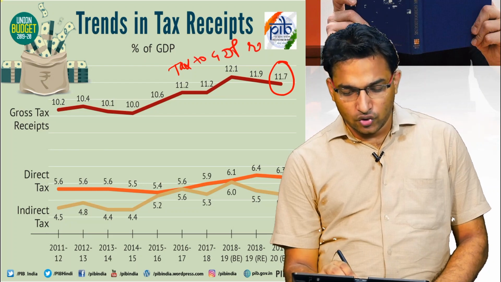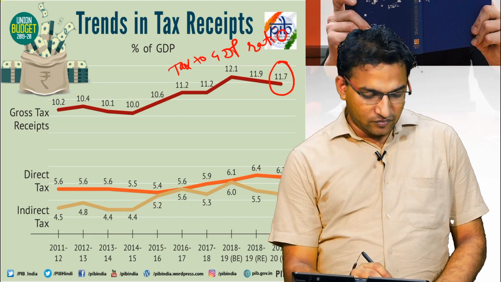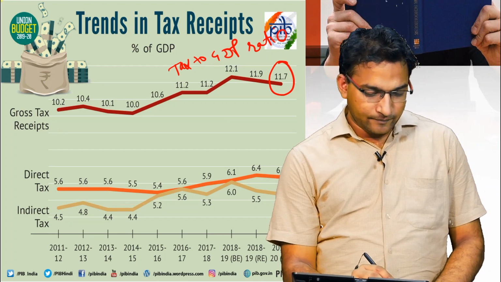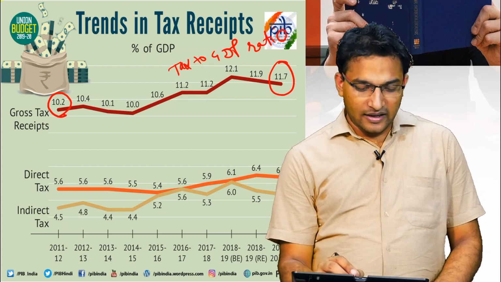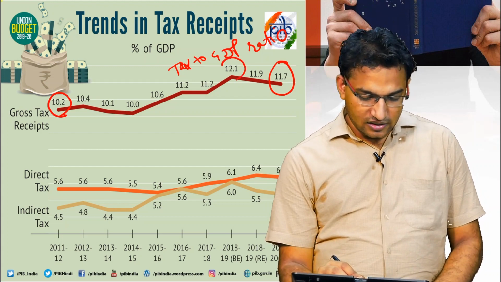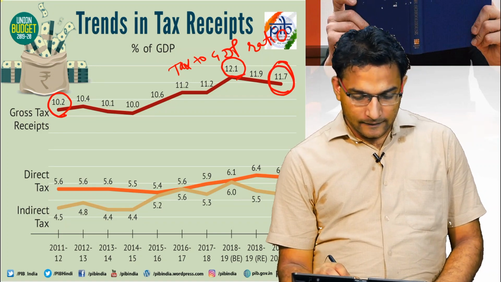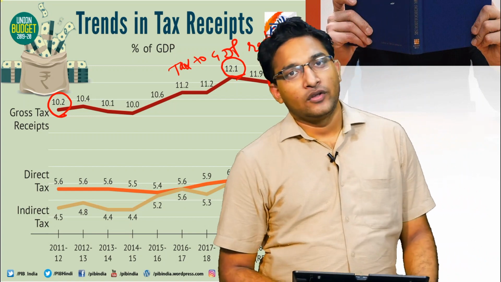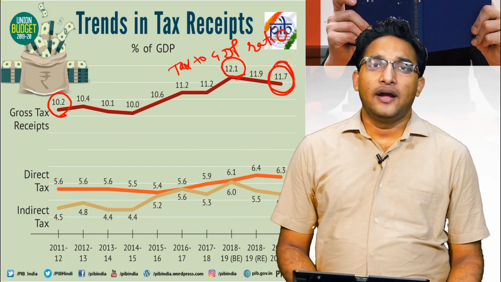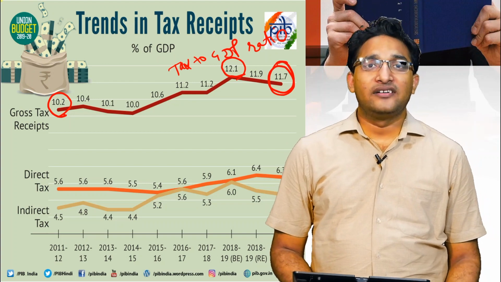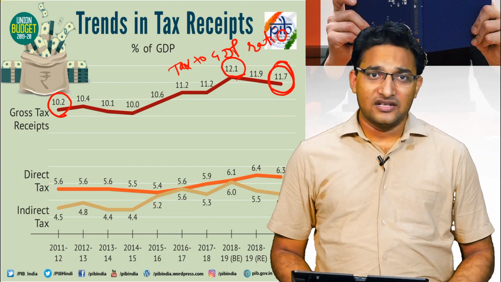And tax to GDP ratio in India, if we see the fluctuation in the last 8 years, in 11-12 it was 10.2%, then it was highest in 18-19, and now it is 11.7%. So this is higher than 10%, and we can see that our tax to GDP ratio has been increasing, except in the current year where it is decreasing.